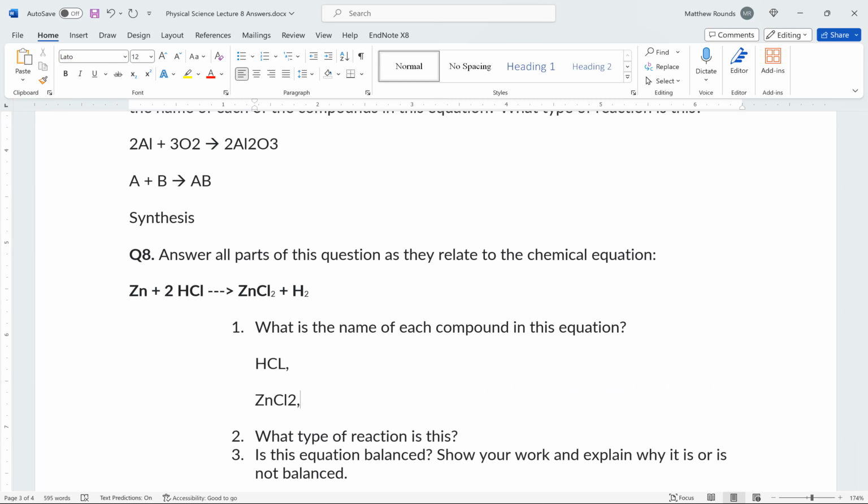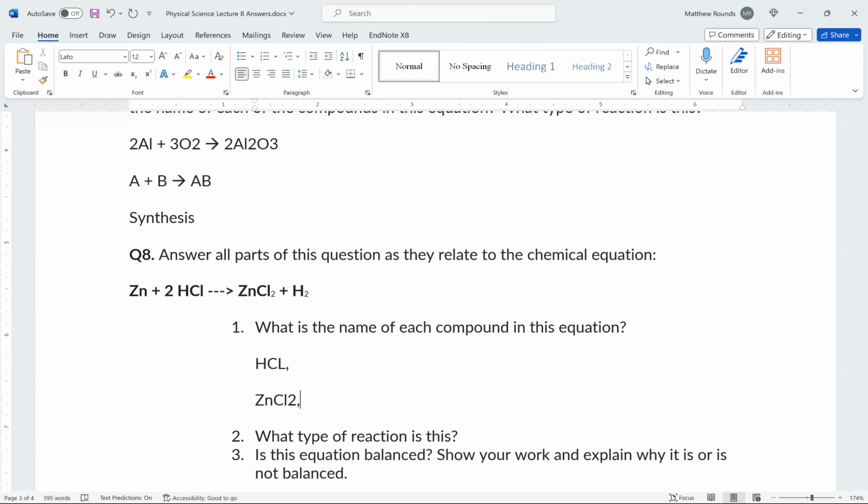Yes, go ahead and search for those and see if you can get the names. So Zn is zinc. Yeah. But you want to type in the ZnCl2 and the HCl. Yeah, I'm about to go do that.